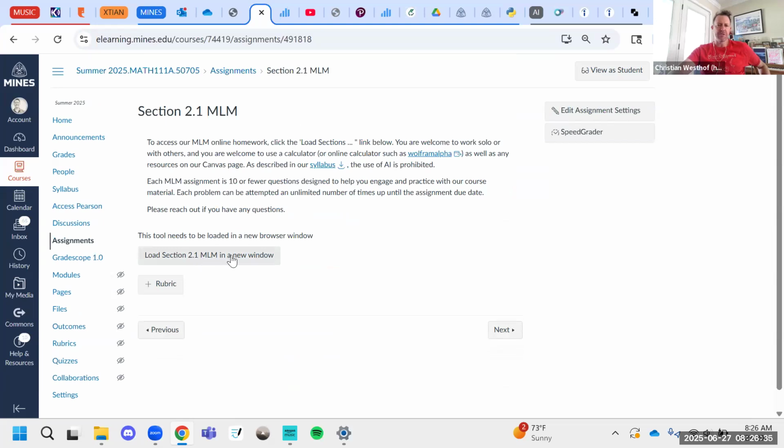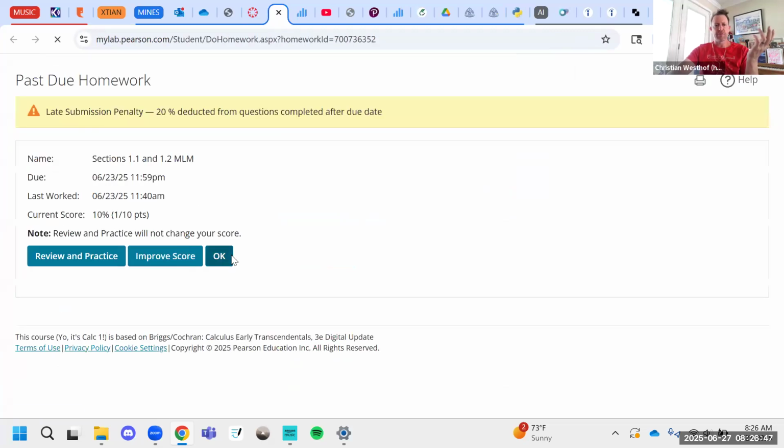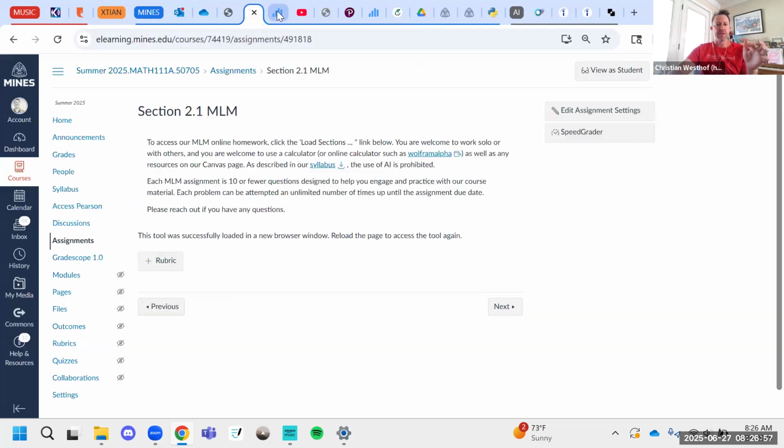You click the load button and it should take you to 2.1. Yesterday, this did not work, or it worked for some people and then didn't work for others. It worked for me and then it didn't work for me. I'm not sure what was going on. Let's see if it works now. Yeah, see, it's taking us to this old 1.1, 1.2. I'm not really sure why it's doing that. I have tried to reset that multiple times. So let's talk about another way to get to 2.1.